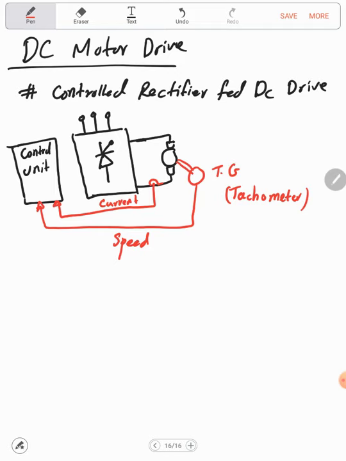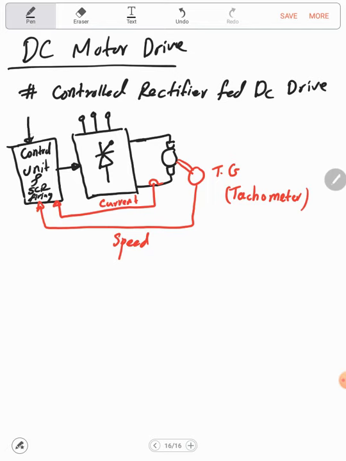The control unit will generate the thyristor gating or firing. So this is the control unit, and let's say the SCR firing unit, which will give the firing angle or the gate pulse for the switch. And for the control unit, we need the speed command.